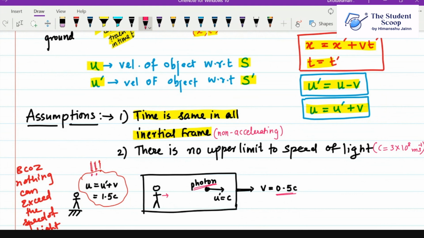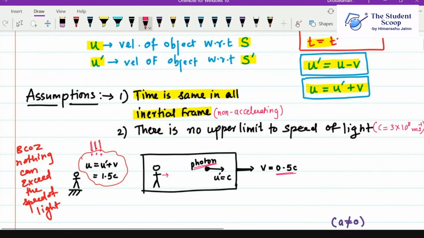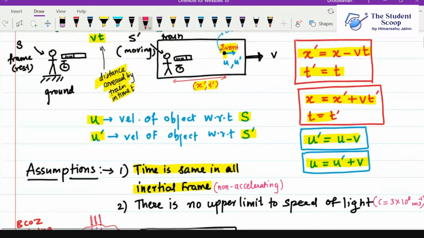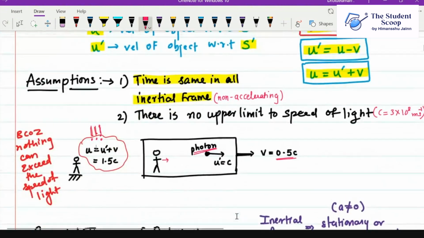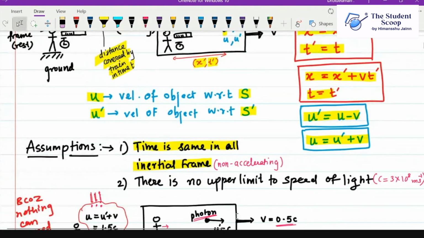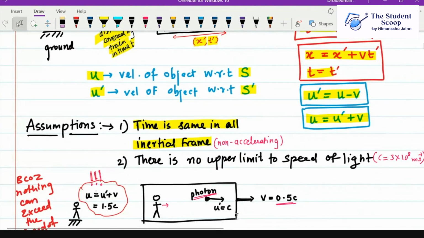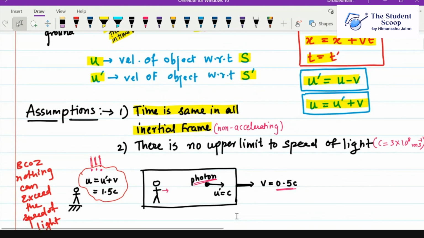This number tells us that we can exceed the speed of light, which is not true. So this is where the Galilean transformation fails. So to improve on this, Einstein came up with the ideas that built a foundation for special relativity. Okay, and then we developed the maths of it.